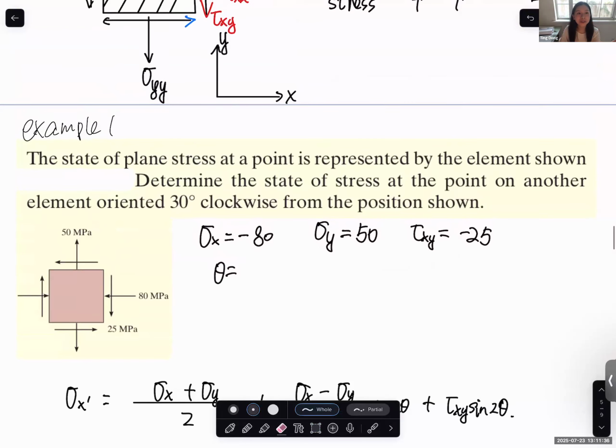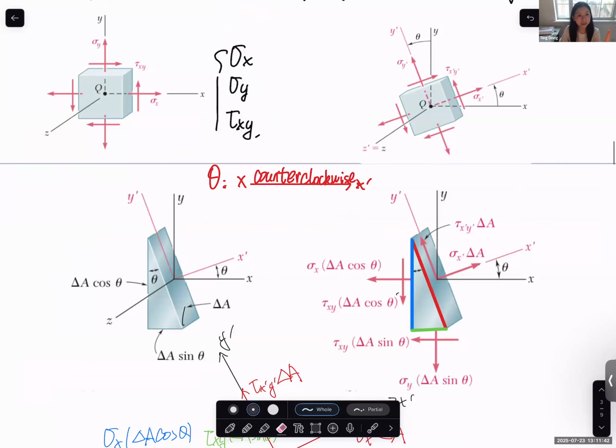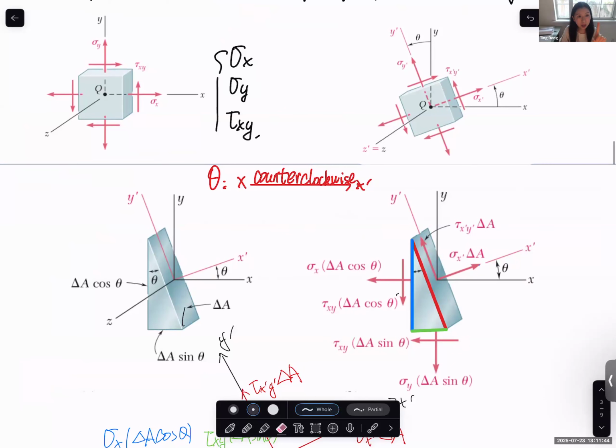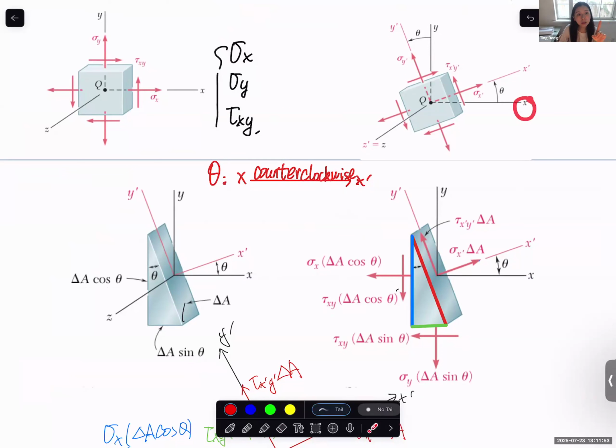I think I emphasized in the last class that our whole derivation is based on the definition that theta is from the global x counterclockwise to x prime.